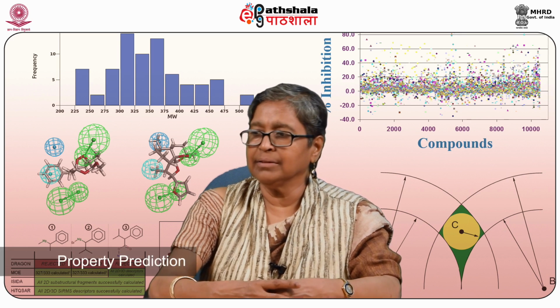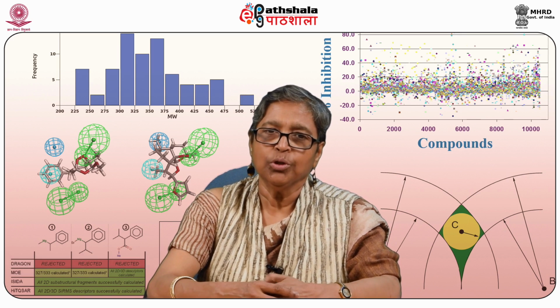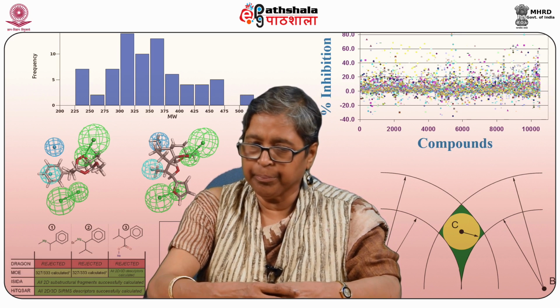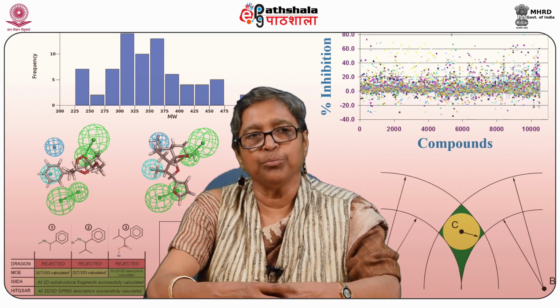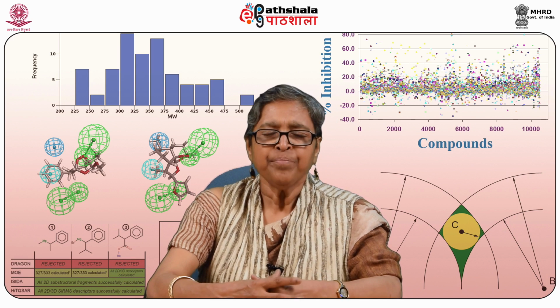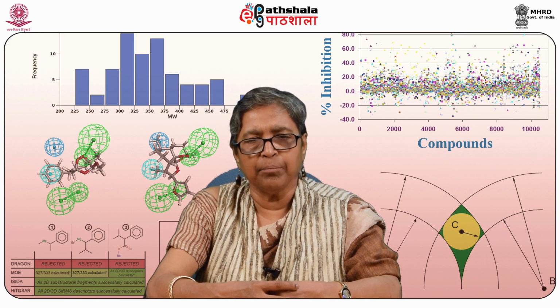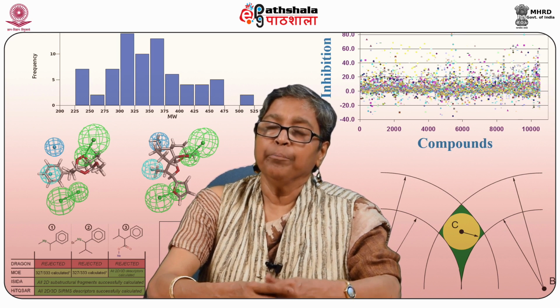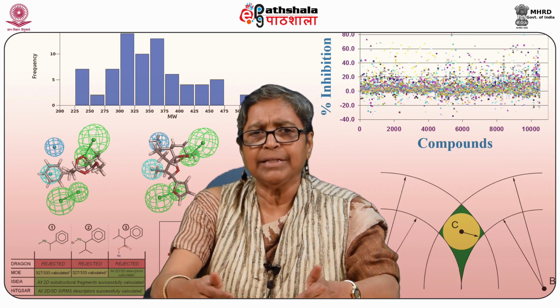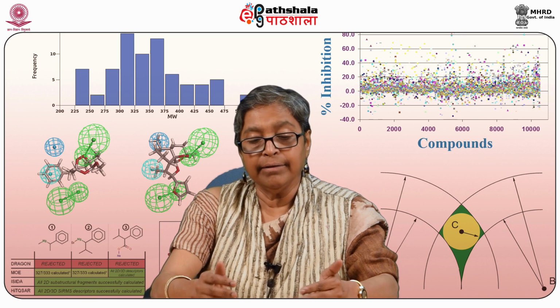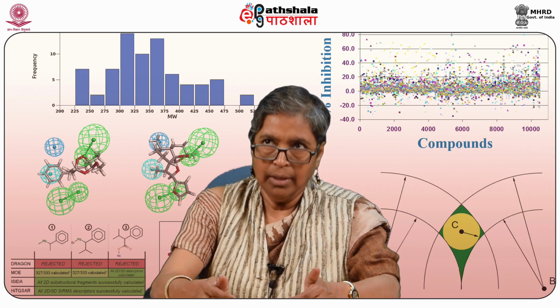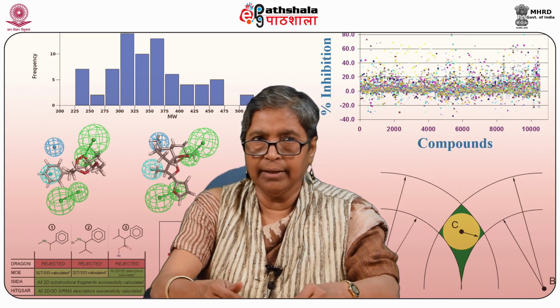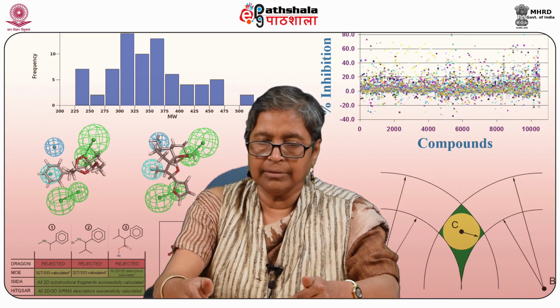Property prediction is often useful for predicting the chemical properties of the molecules from the descriptors, and we will cite some of these examples. However, most often many of the properties are used, and then regression methods are used, sometimes linear, sometimes non-linear, to predict such properties.